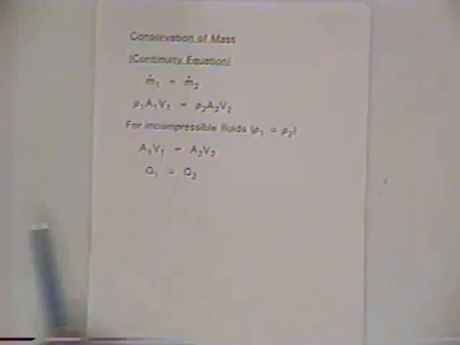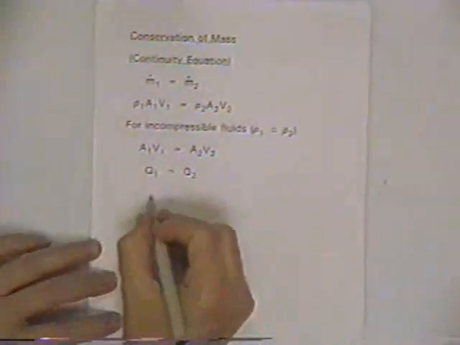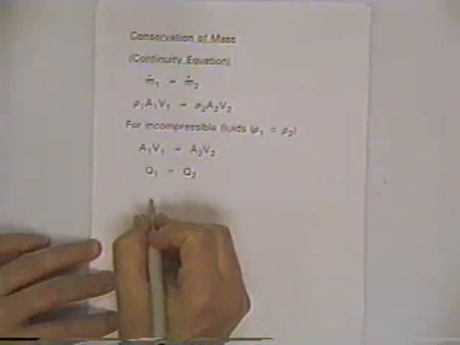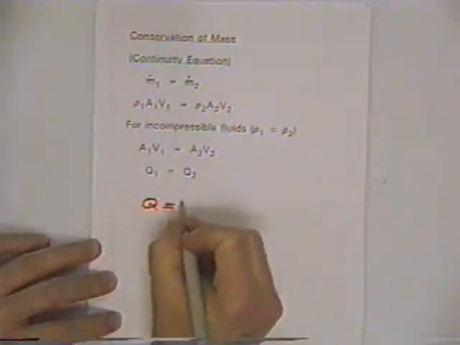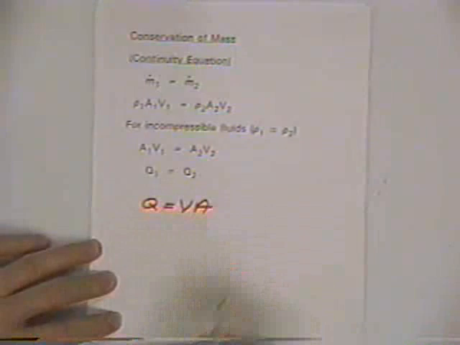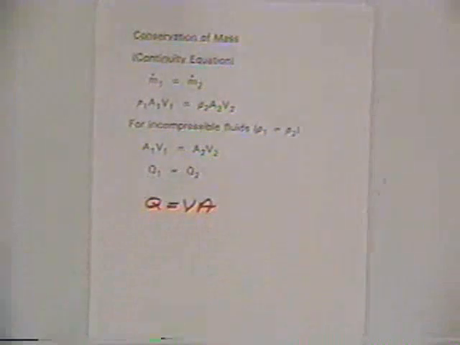Of course, this is a volumetric flow rate coming in and a volumetric flow rate going out. And another equation that we often associate with conservation of mass is the continuity equation: discharge is velocity times area, relating the two terms there.